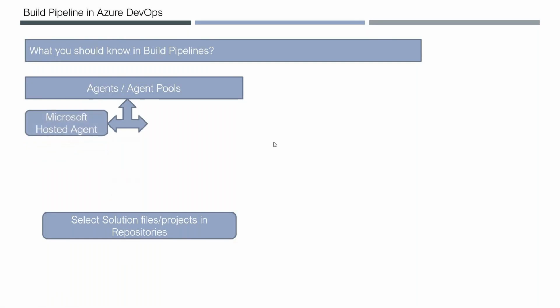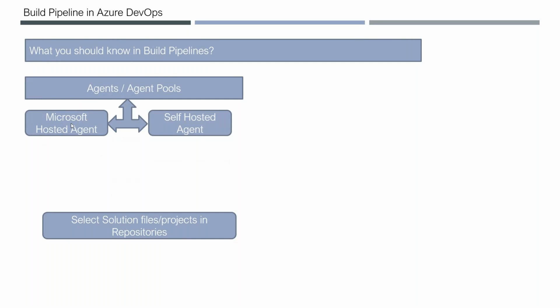There are two types of agents. One is the Microsoft hosted agent, the other is the self-hosted agent. Microsoft hosted agent means when I'm creating a pipeline, I select the option of Microsoft hosted agent. That means all the infrastructure to compile my application will be set up by Microsoft internally in the background.